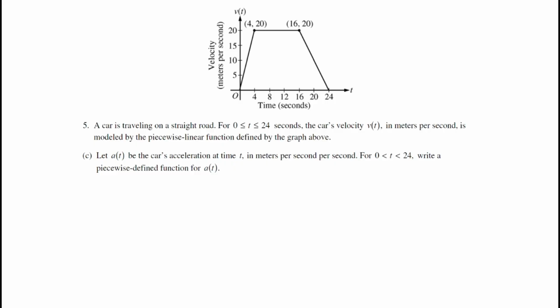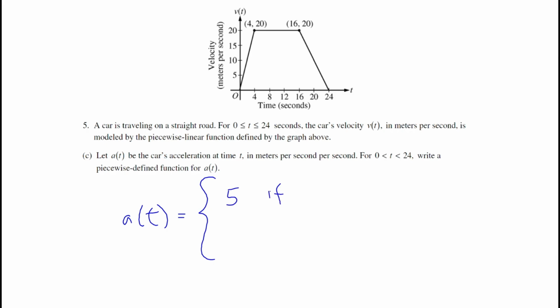In part C, we've got a of t as the acceleration, and we want to write a piecewise defined function for a of t. Well, that should be pretty straightforward. It's just the slopes here. So a of t, we've already found most of them. In fact, we've actually already found all of them. A of t, on the first part from 0 to 4 is just always equal to 5. We just found that slope a minute ago.